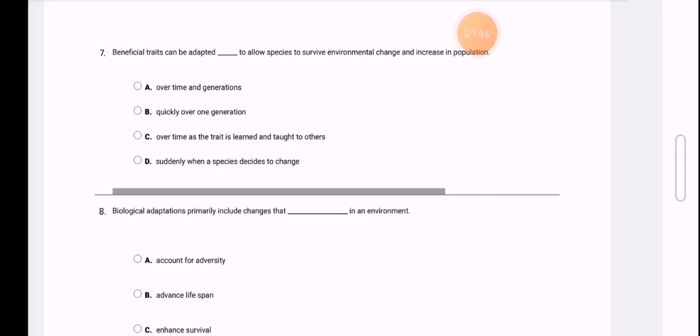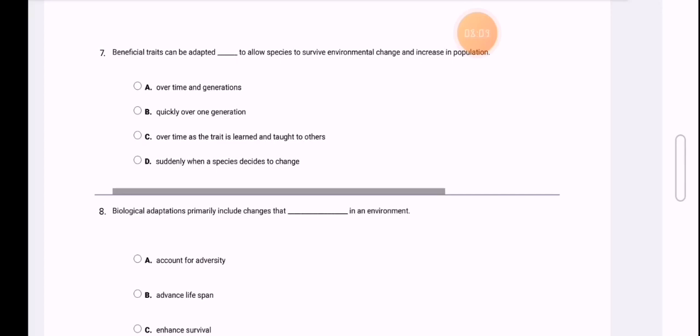I think we can't choose quickly over one generation, because he said increase in population, so it means it will change over a lot of generations, so we can't just take one generation to see the effect in a lot of other generations.